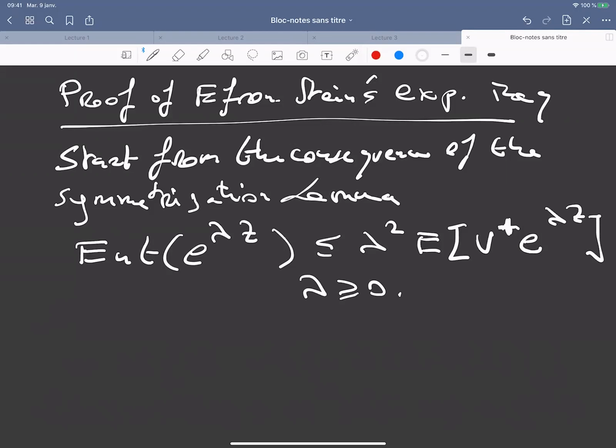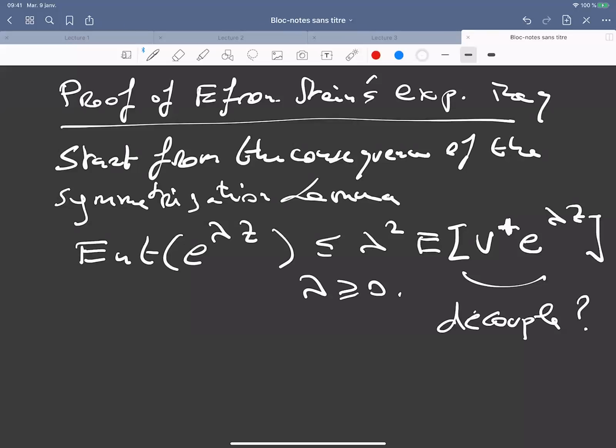And so now the issue is to decouple this. If v plus is less than a constant, then you use directly the first argument and it's over. If v plus is random, you need an argument to decouple this.